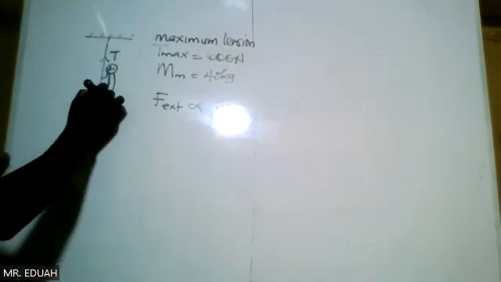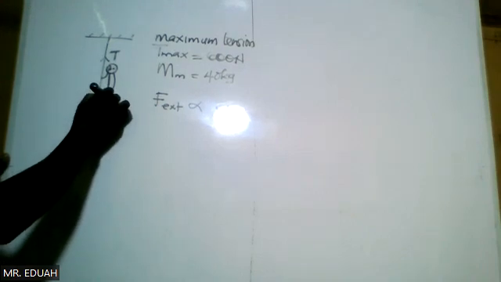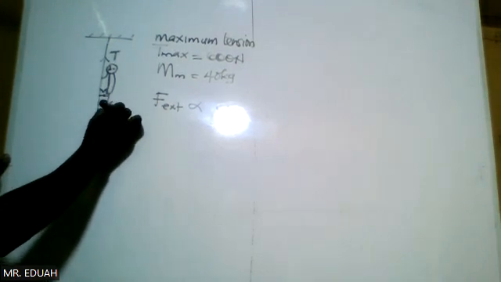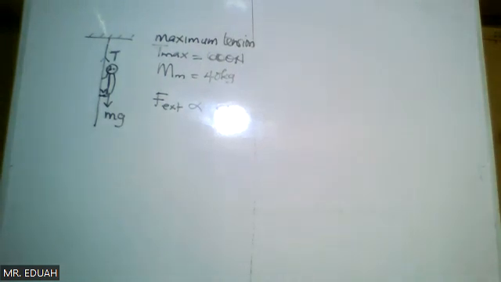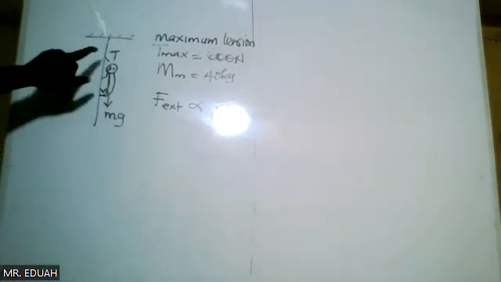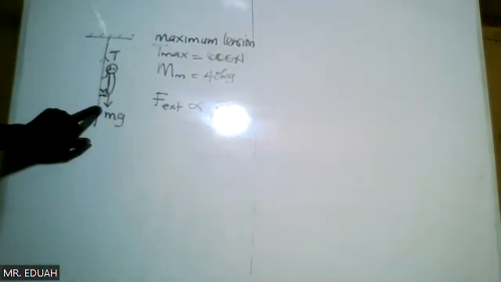The weight of the monkey would act downwards, mg or W. Once the monkey is climbing up, the tension must be greater than the weight.